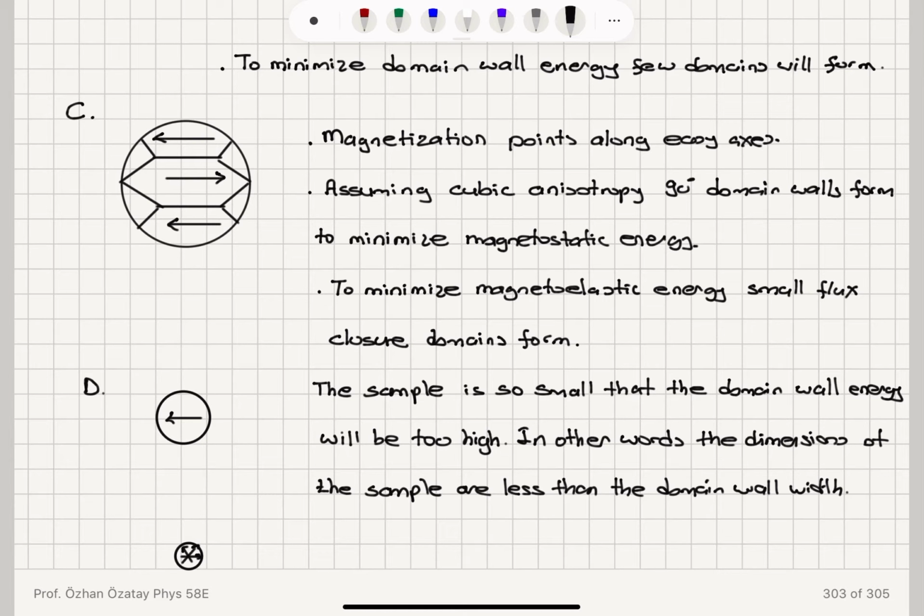Now there is another extreme case here. The sample is very small. It's extremely small. In that case, we may even lose our thermal stability, and the magnetization can point in any direction. So if even smaller, the sample becomes superparamagnetic.